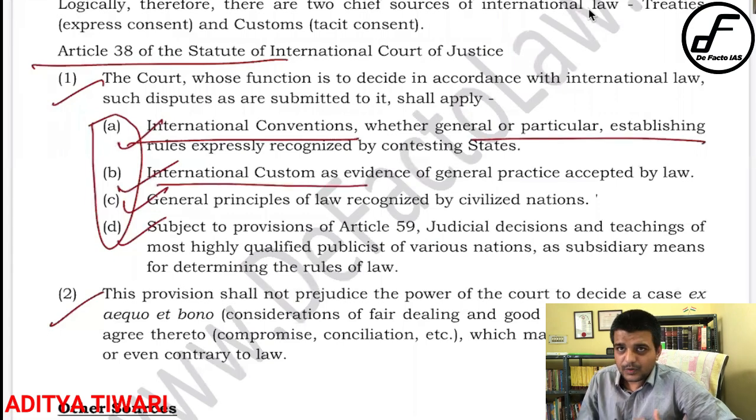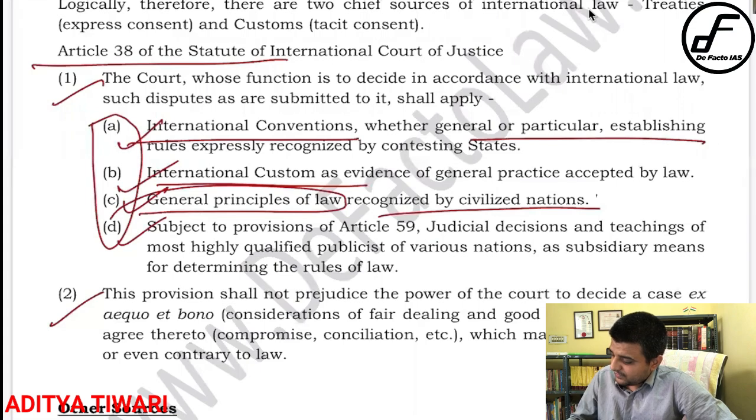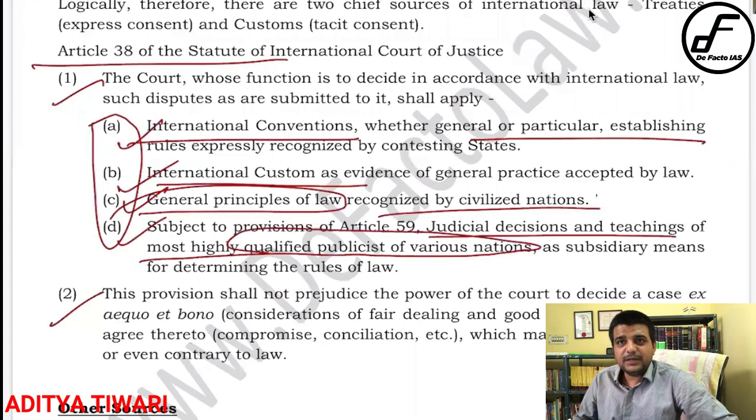Custom, okay? Custom is a source of international law. General principles of law recognized by civilized nations. It means the judicial principles recognized in both the countries, like res judicata. And subject to the provisions of Article 59, judicial decisions and teachings of the most highly qualified publicists of various nations. It means that when jurists come up with, suppose, a particular point of view, that can also be used as a basis of international law.